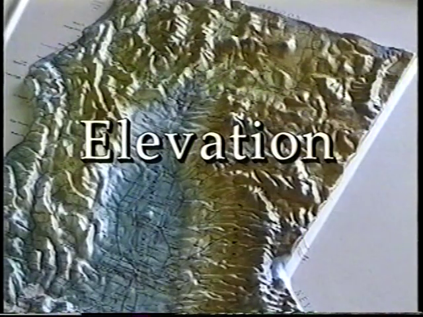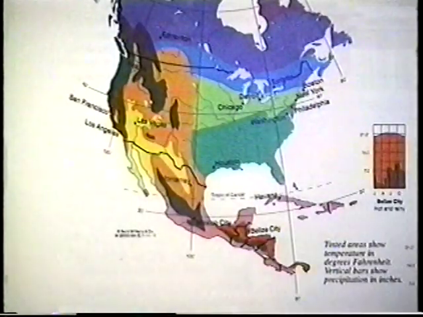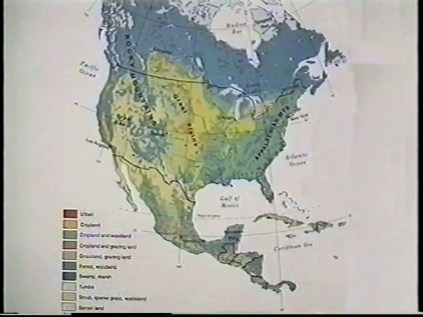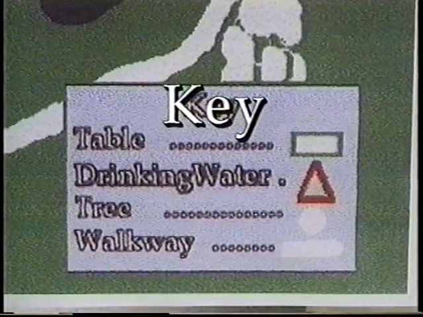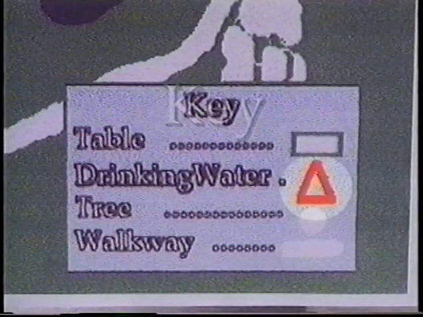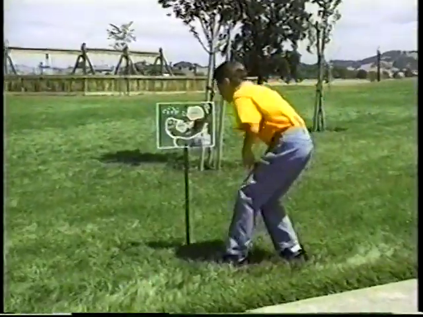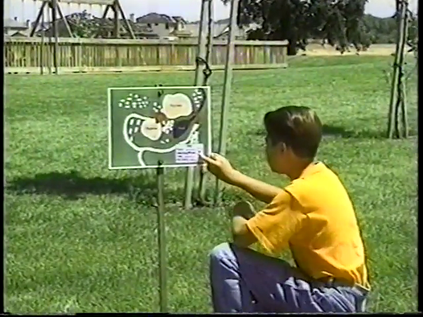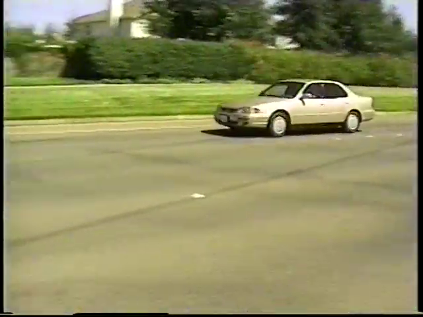Maps can show us elevation and weather. They can also show what kinds of food a certain area grows. Maps have a key that tells us what the symbols on the map mean. Maps help us find where we are going, and how we can get there.